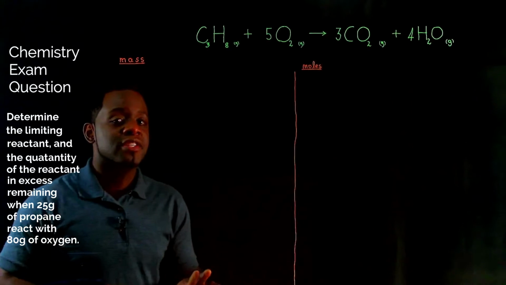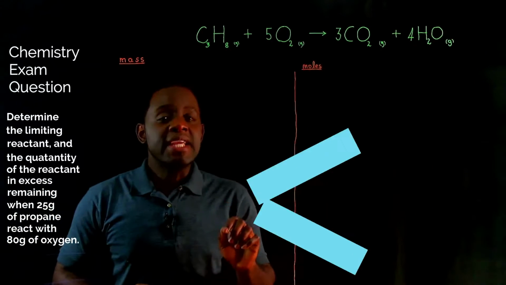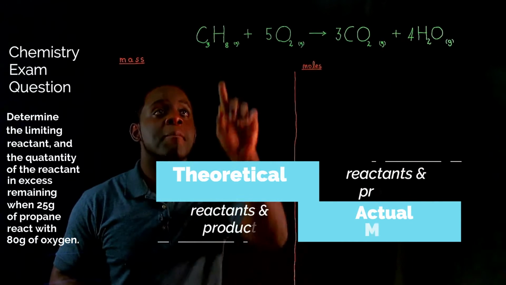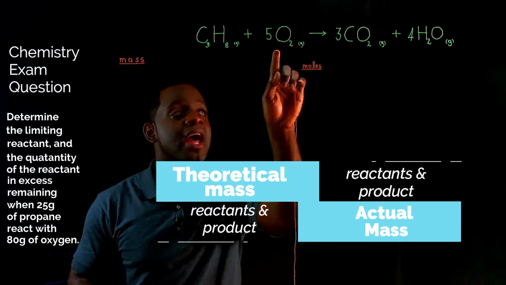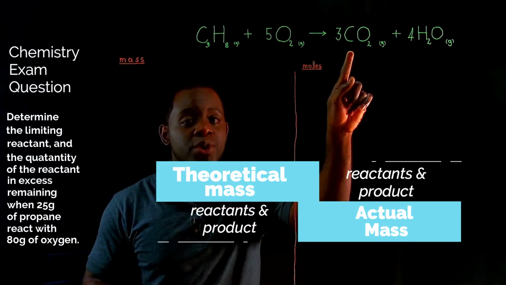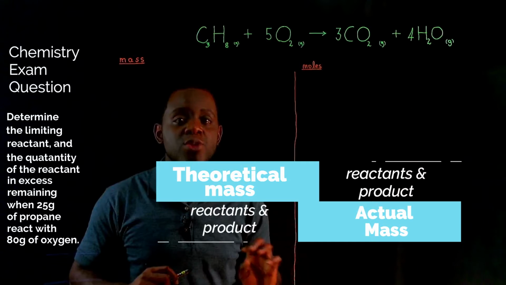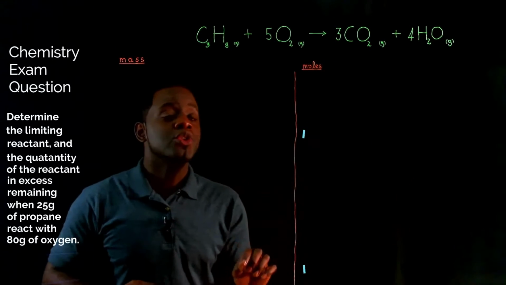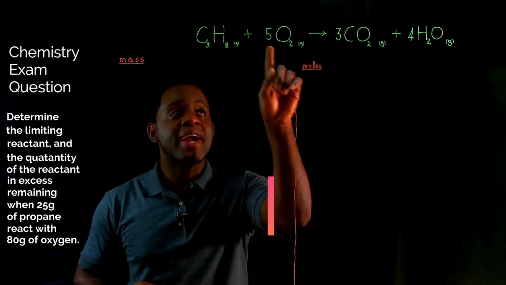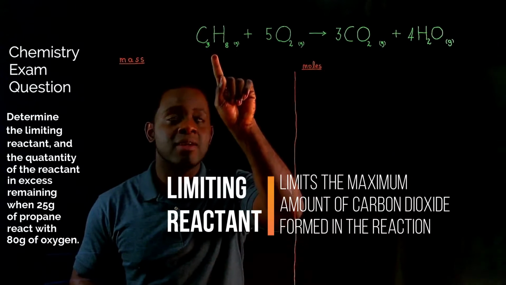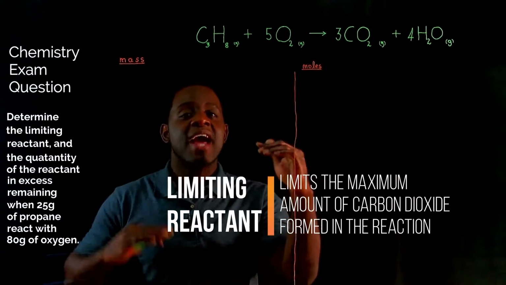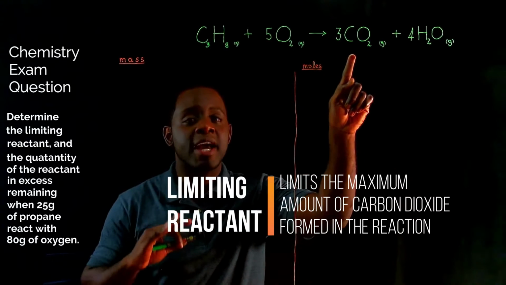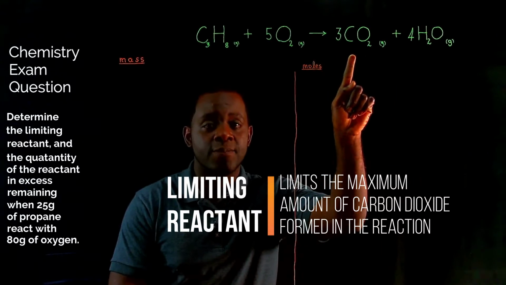Starting with the first approach, we need to find out the theoretical amount of masses of the reactants and the carbon dioxide product and relate that to the given masses used in the question to determine which of the two reactants, whether it is propane or oxygen, limits the maximum amount of carbon dioxide product formed in the reaction.